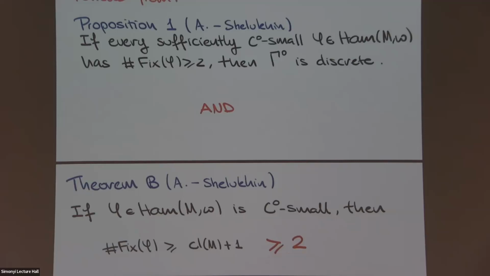From Gromov's work, you knew the existence of at least one fixed point, but two, we didn't know. In particular, the example that we construct is very degenerate in some sense, so we really needed to be able to show this lower bound.